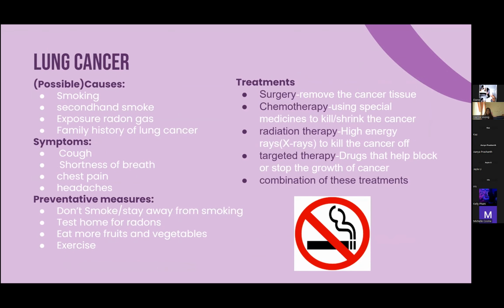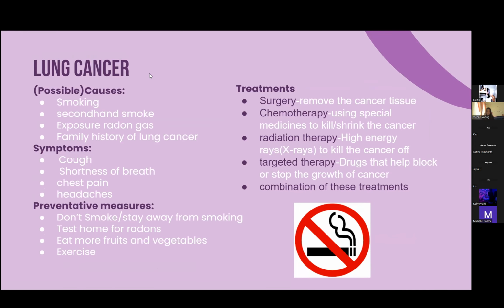So, for lung cancer, the possible causes can be smoking, secondhand smoke, exposure to radon gas, and family history of lung cancer. Smoking is especially a cause because doctors believe that it damages the cells that line the lungs. When you inhale smoke, which is full of cancer-causing substances called carcinogens, it changes the lung tissue almost immediately.